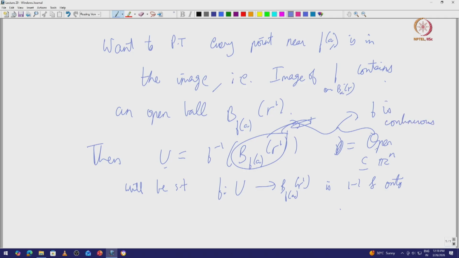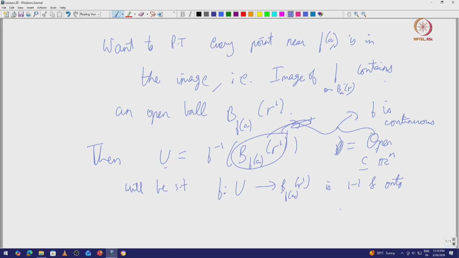Once again, I am appealing to this exercise that I want you to do, to show that a multivariable function being continuous is exactly the same as saying the pre-image of an open set is open.